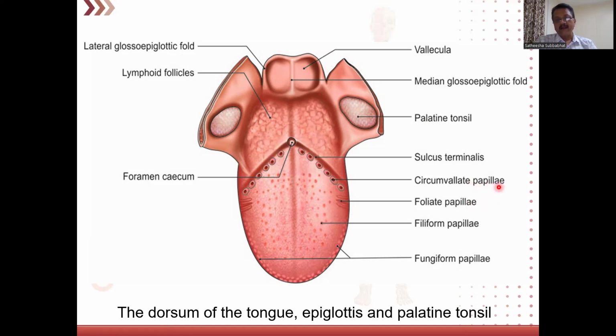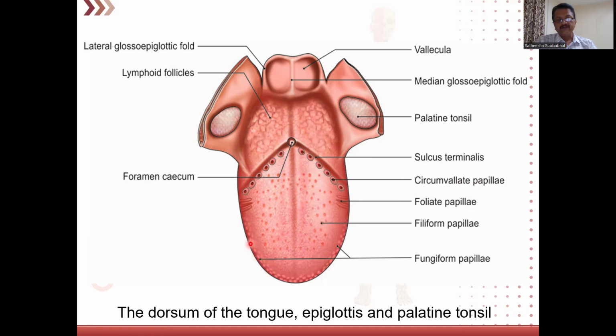They're called papillae. There are four types of papillae seen on the anterior two-third of the tongue only. So the first one is known as circumvallate papillae. They are present in a row just along the anterior aspect of the sulcus terminalis. They're about 8 to 12 in number.